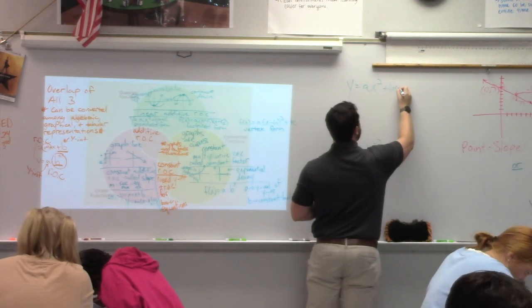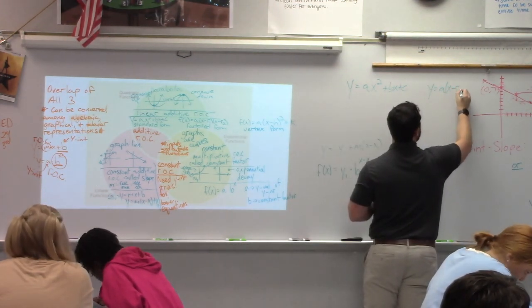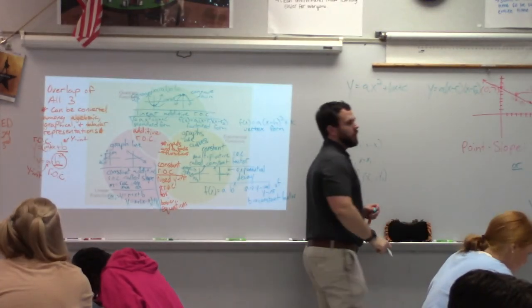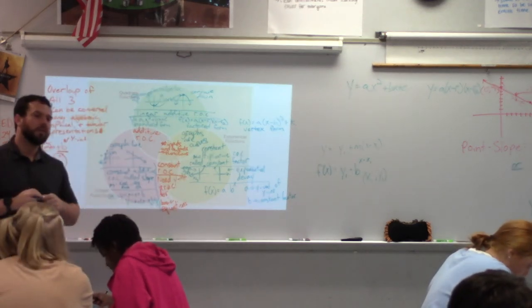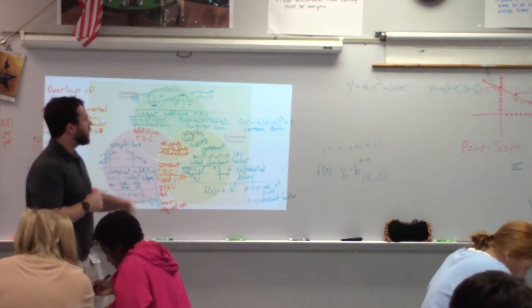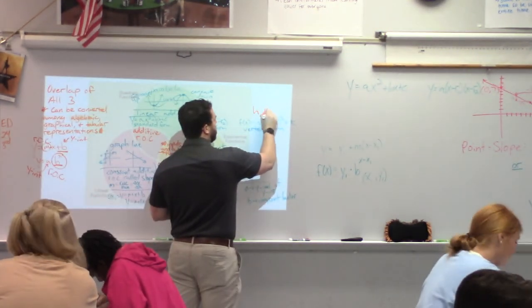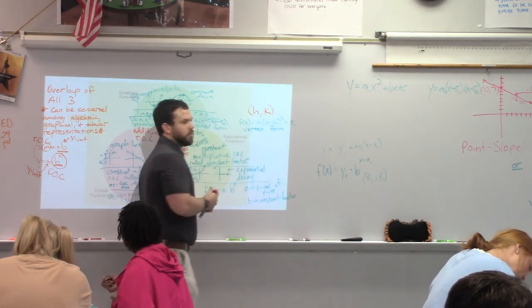So this is standard, this is factored: x minus r sub 1 times x minus r sub 2. That's vertex form. (h, k) is going to be the vertex, but we haven't looked at vertex form yet, y'all.